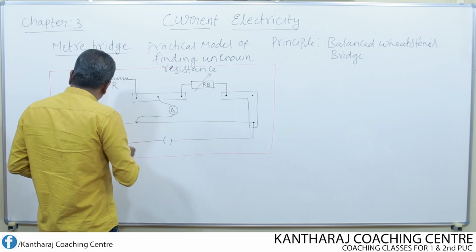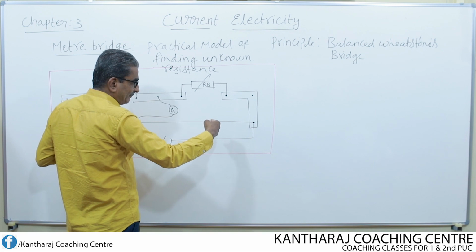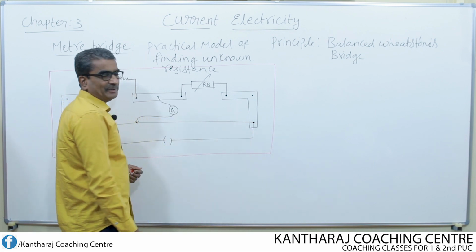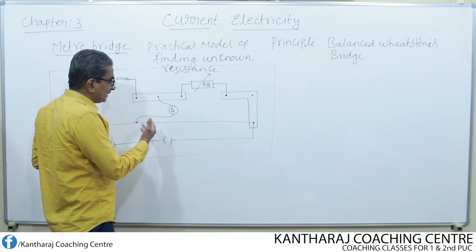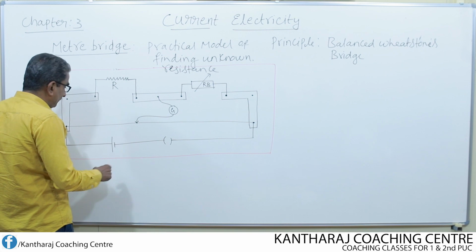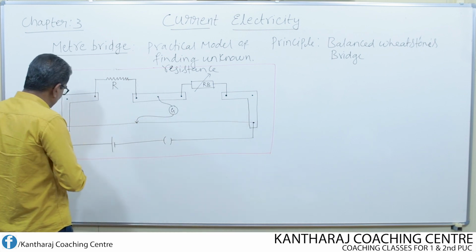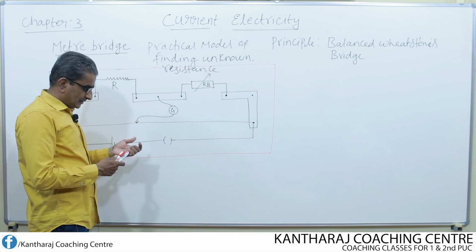So a wire of length 1 meter is stretched tightly between the two terminals, and this wire is made up of either constantan or manganin. Then, between these two terminals, a cell and a plug key are connected in series.